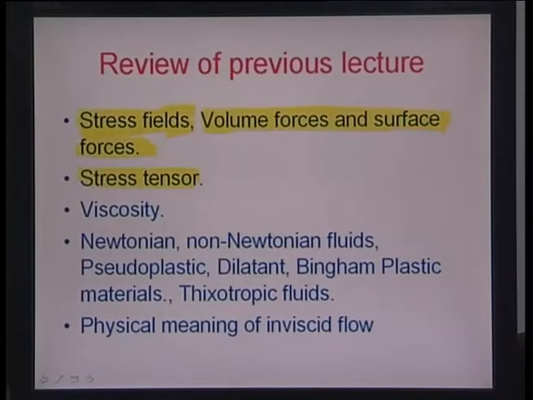We described the stress tensor, which is essentially a 3 by 3 matrix where you have the principal stresses in the diagonal elements and the shear stress components in the non-diagonal elements. We described a basic notational classification of how to represent the stress.